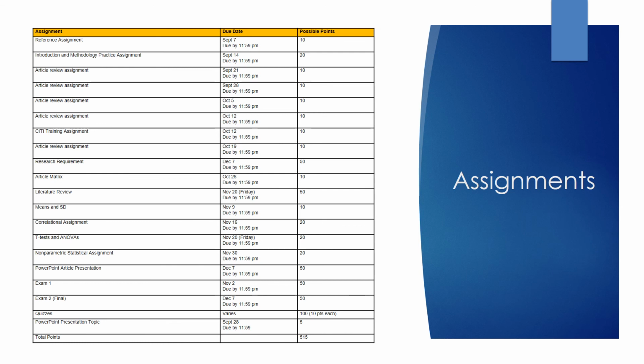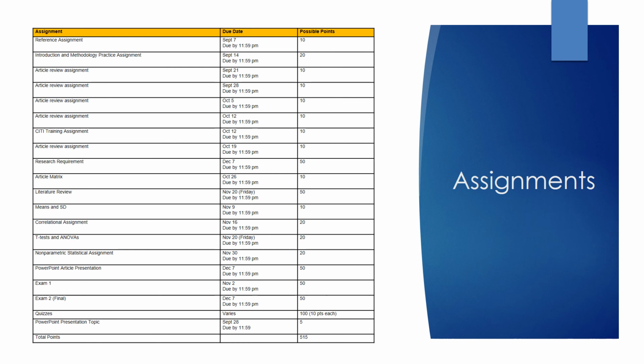There are 2 of them that aren't due Monday at the start of the new week. It is your literature review, which is due by November 20th, Friday by 11:59 p.m. This will be open from the start of the semester until November 20th, 11:59, which is going to be a Friday.